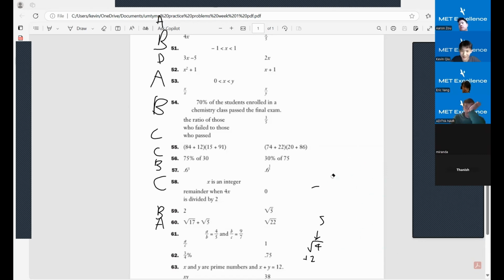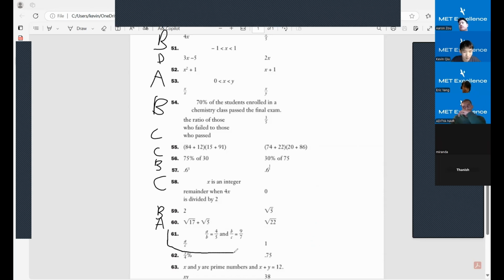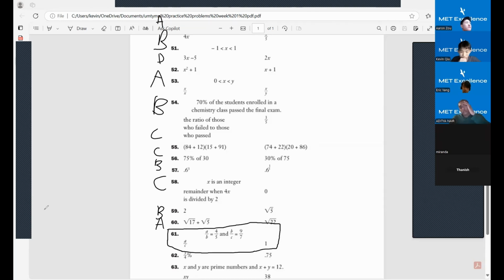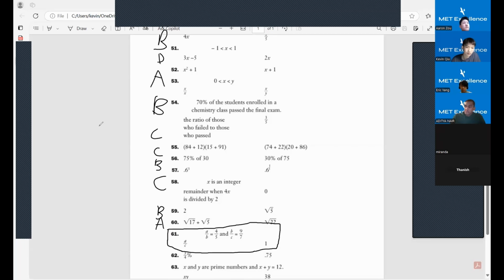Sorry, I wrote a lot. It's going to take a bit to clean up. You guys can work on question 61 in the meantime, though. Next one is pretty tricky as well, so I'll give you guys a bit more time.